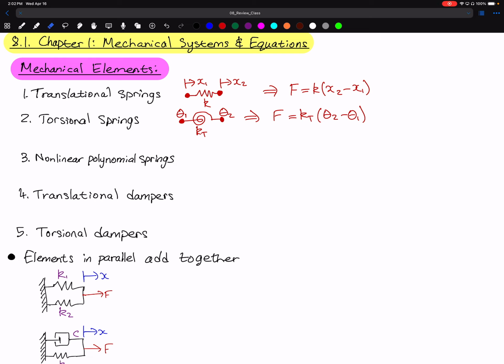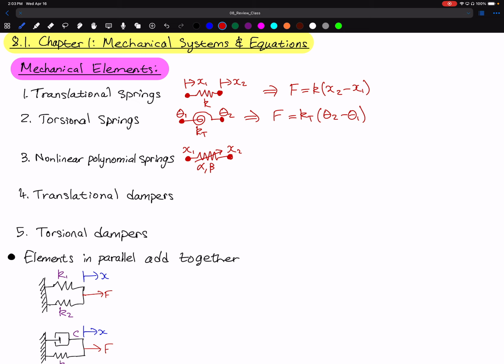We also looked at a nonlinear polynomial spring, which we will indicate using just a regular spring symbol with an arrow pointing through it as shown here. Displacement on the left is still x1, displacement on the right is x2. And here we're going to give it two parameters, alpha and beta. Alpha will be the stiffness of that nonlinear spring.